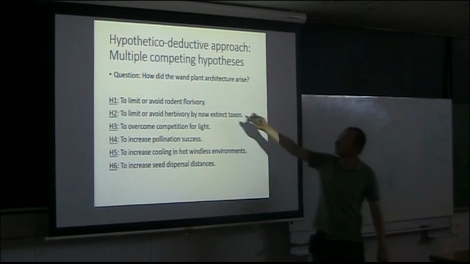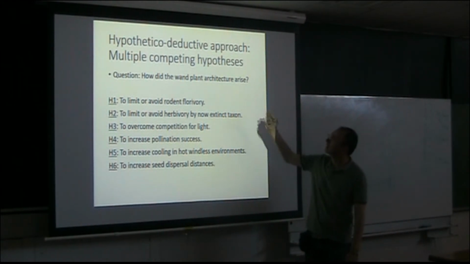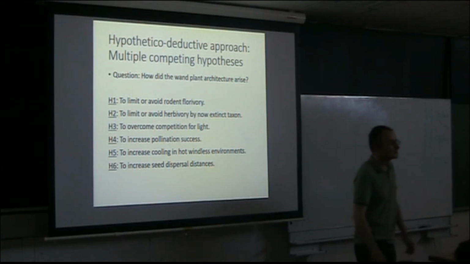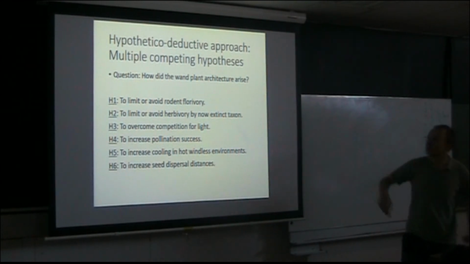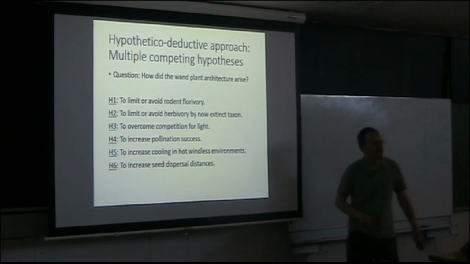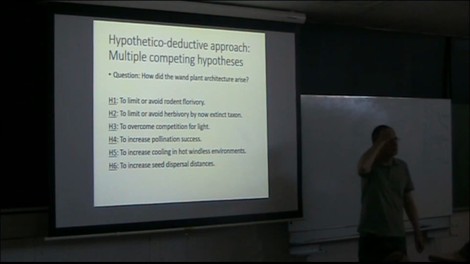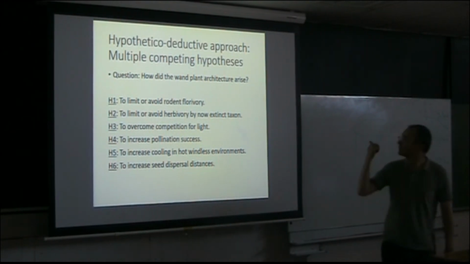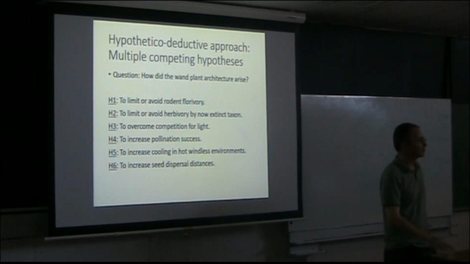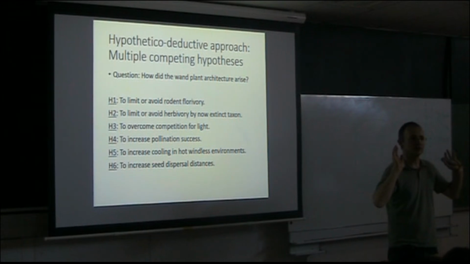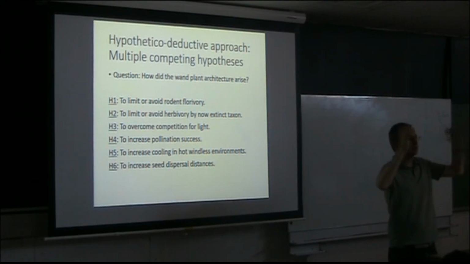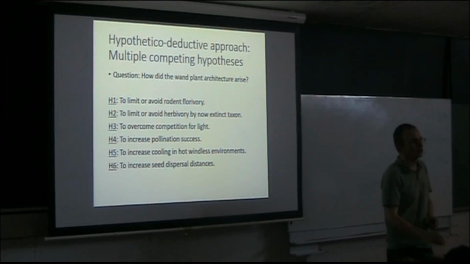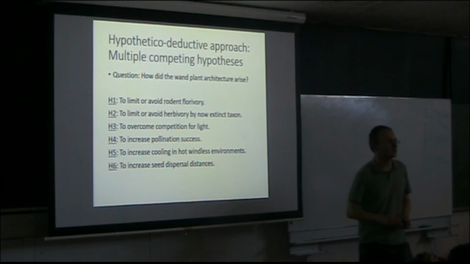So, we might have a general question: how did this one plant architecture arise? And we could have a number of hypotheses. There's another reason why multiple competing hypotheses is useful. Before you even look at the data, before you even generate a way of testing the hypotheses, you brainstorm all the potential ways that could generate this plant architecture.